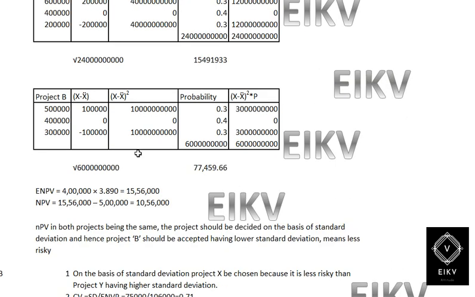The same way for the project B it will be 77,459.